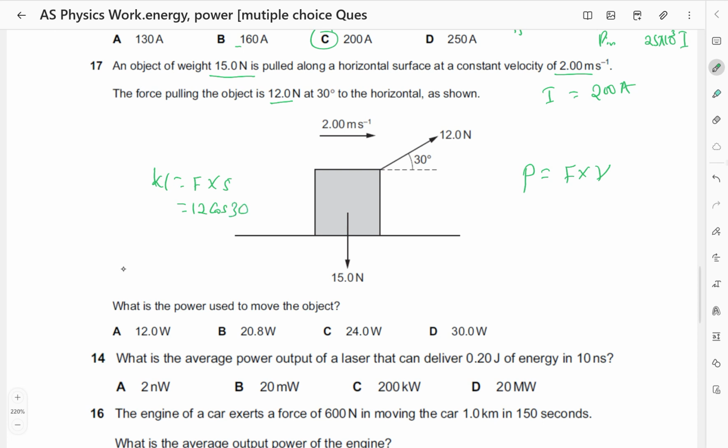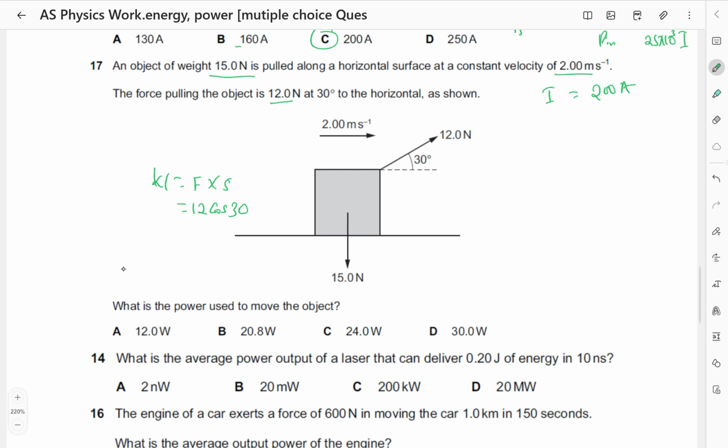Why do I want to find work done for power? Okay, the work done is 12 cos 30 times the distance. The force pulling the object is 12 newtons at 30 degrees to the horizontal as shown.